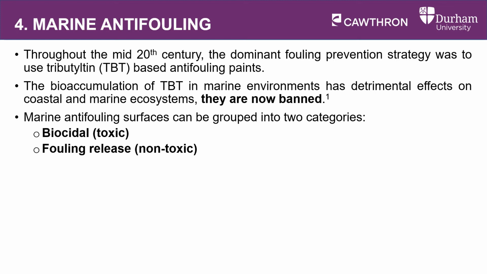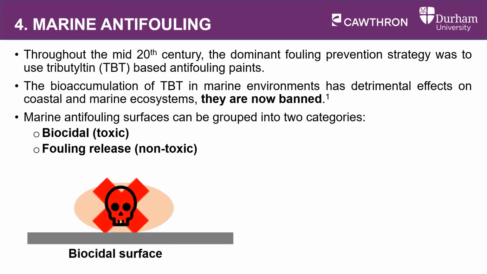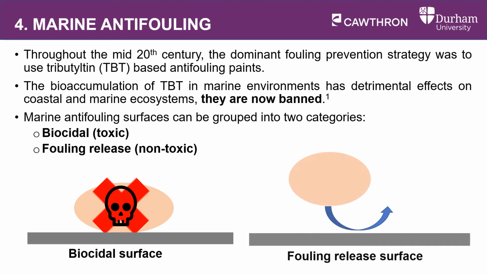These strategies can be divided into 2 categories. Biocidal surfaces are toxic to organisms that settle on them, and so prevent attachment. Fouling release surfaces prevent settlement as organisms can only attach very weakly and so are washed off by water currents or other dynamic forces.